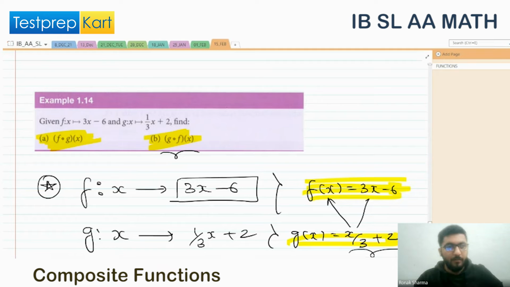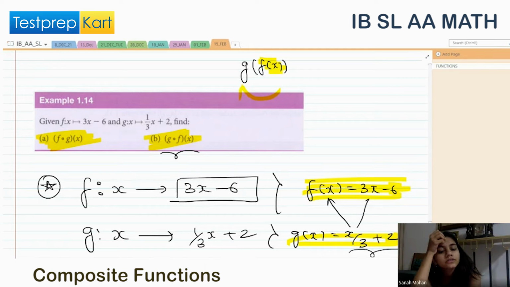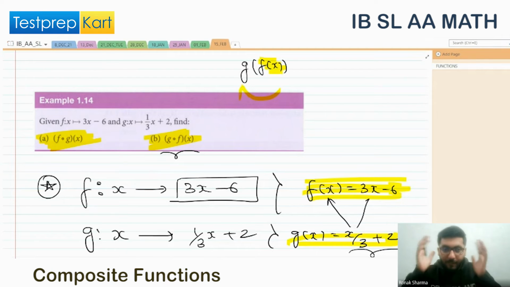Now find g of f of x in the same manner. That means we need to put f of x as an input to g of x. I want you to understand this first: we are giving the whole f of x function as an input. Whenever we give something as an input to any function, we put that thing in place of the variable, wherever we have the variable.